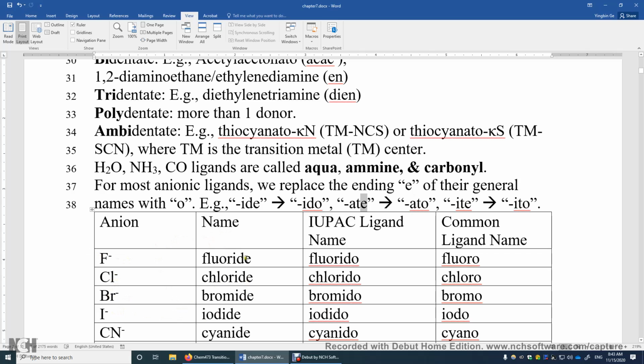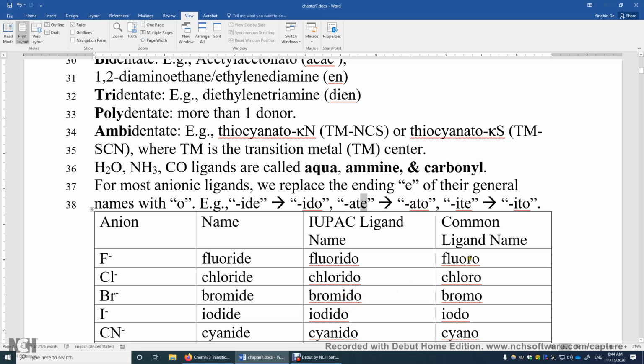They are called fluoride, chloride, bromide, iodide in general chemistry, and in transition metal chemistry, they have a similar name. You just replace the ending E with O. Now they are called fluorido, chlorido, bromido, and iodido.